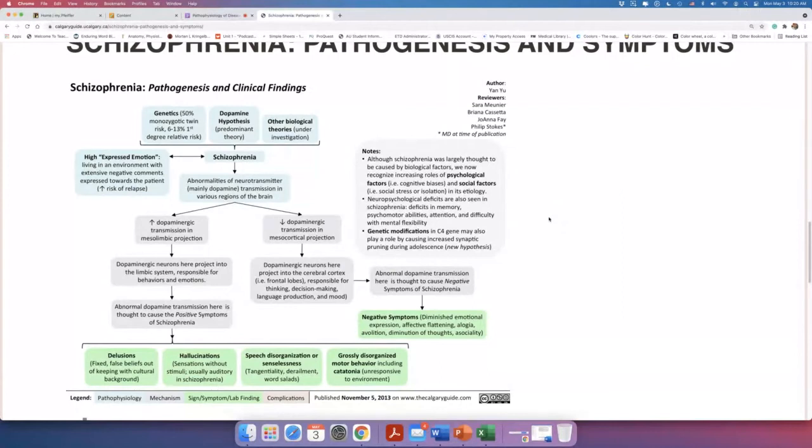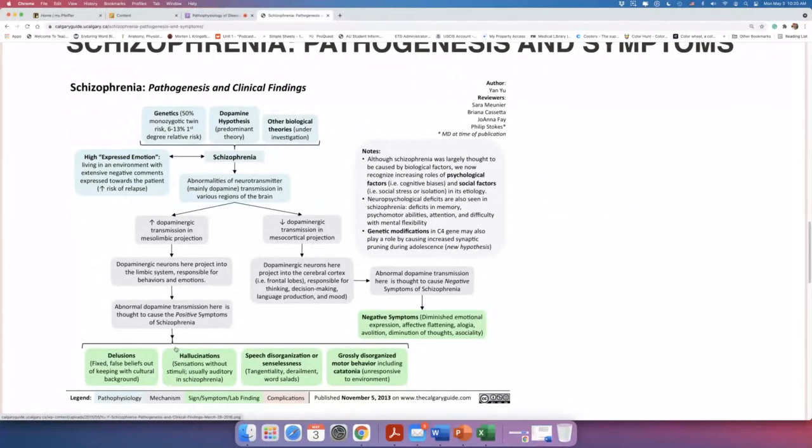And then I would try to create my own diagram or mind map or flow chart or whatever you want to call this. And when I create mine, I would go back to compare, but I would do this more simplified.